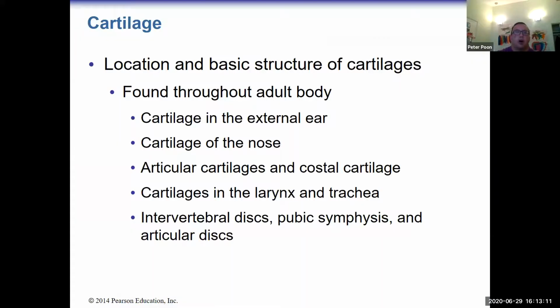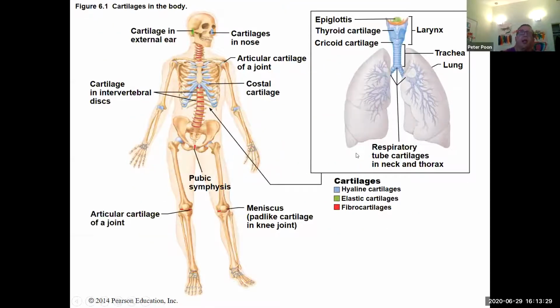Okay. So cartilage. The basic structure of cartilage you already know, right? So location and basic structure of cartilage. Cartilage is found throughout the body. You see the model here. The light blue is hyaline cartilage.